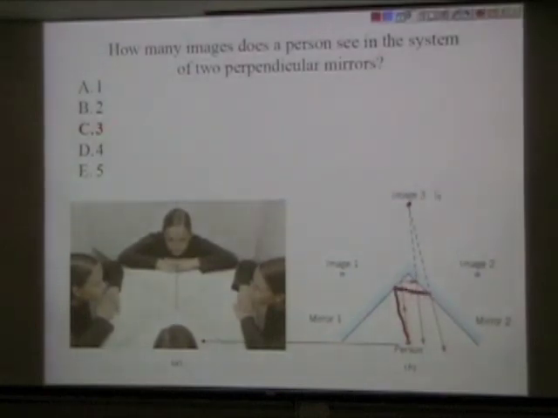This image is formed by rays which experience 2 reflections, from the first mirror, from the second mirror. This image is formed by rays which experience only 1 reflection, like this, for example, and that. Well, if you have more mirrors, you can apply this idea again and again and again.